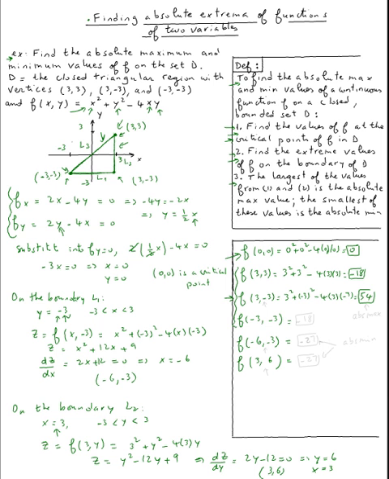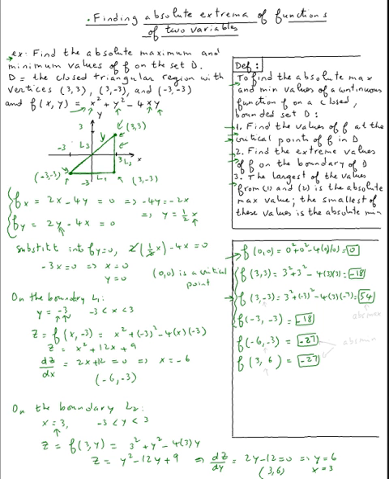Anyway, same way, I'm not going to plug everything in there. So f of (-3, -3), it's going to be negative 18. You know how to plug. Just plug it in. f of (-6, -3) will be negative 27. And then f of (3, 6) will be also negative 27.